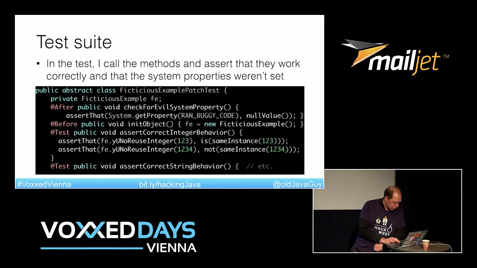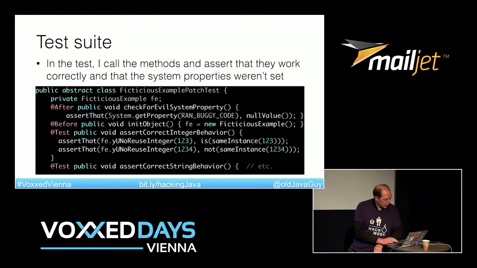I have two methods, actually. Only one made it on the slide. So here I check that it actually uses the integer pool. The integer pool by default caches the values from -127 to +127.